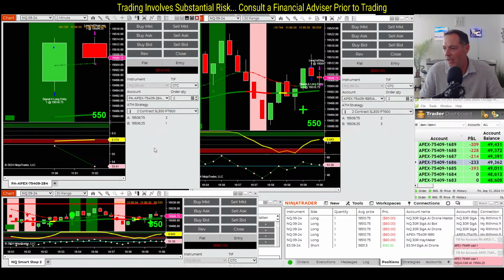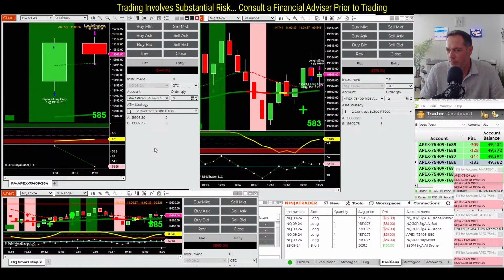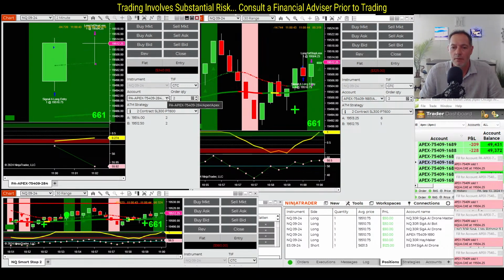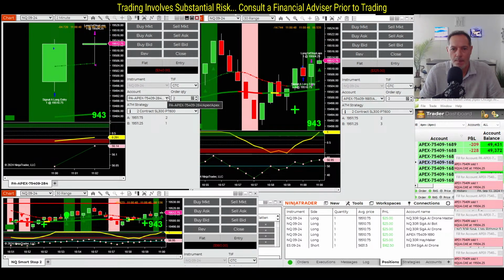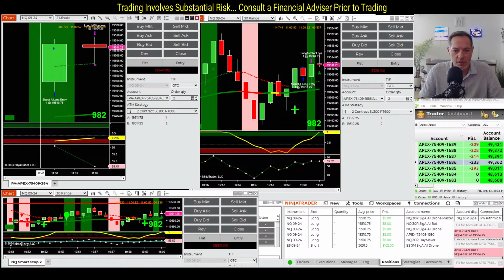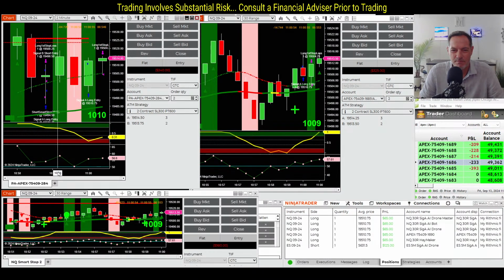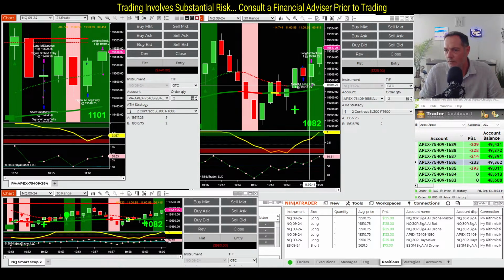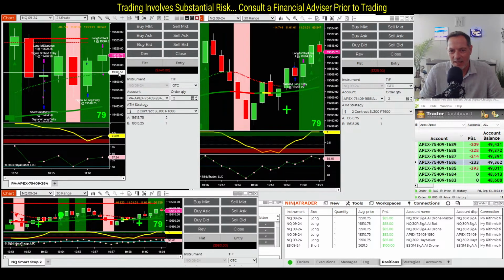Order filled. Got us. Whew, got us again. Signal A long entry right there. Just barely had that stop right. One, two ticks too small. One tick too small.